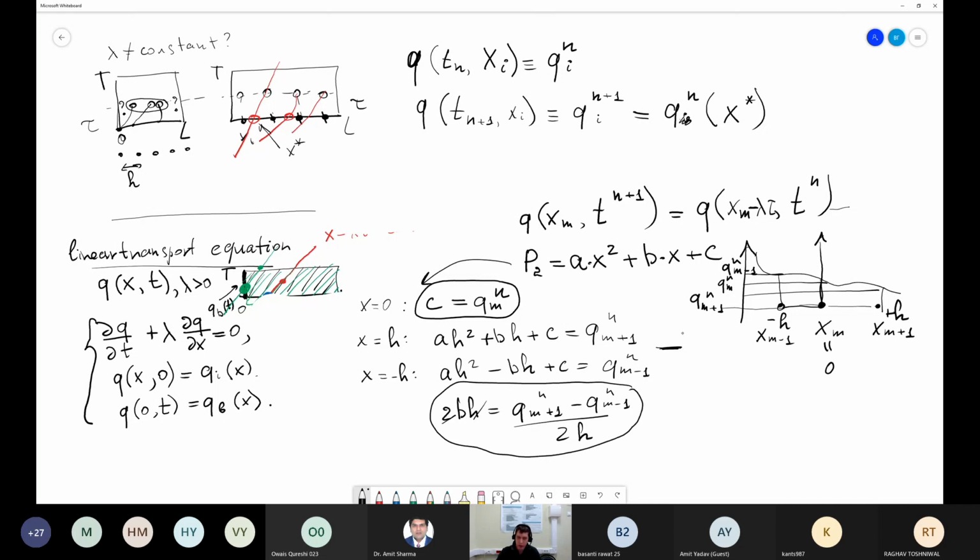And the last one, a h squared is equal to q m plus 1 n minus c, q m n, minus bh, where b is q m plus 1 n minus q m minus 1 n over 2h.